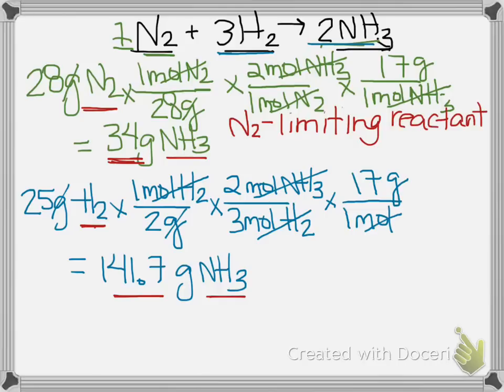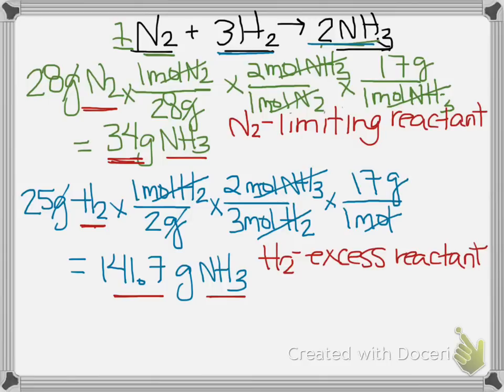Because when it runs out, the reaction will stop. Therefore, we also know that hydrogen must be our excess reactant because it's going to be left over once we reach 34 grams of ammonia. We're going to calculate how much hydrogen is left over in this reaction in problem 2.